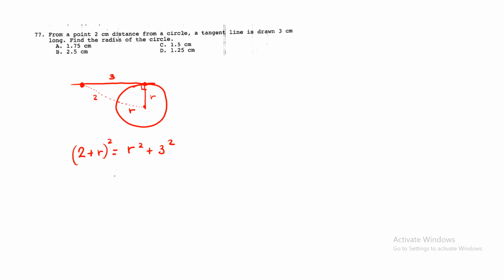That's how we get the radius. The radius is equal to 1.25 cm. So, the answer is letter D.